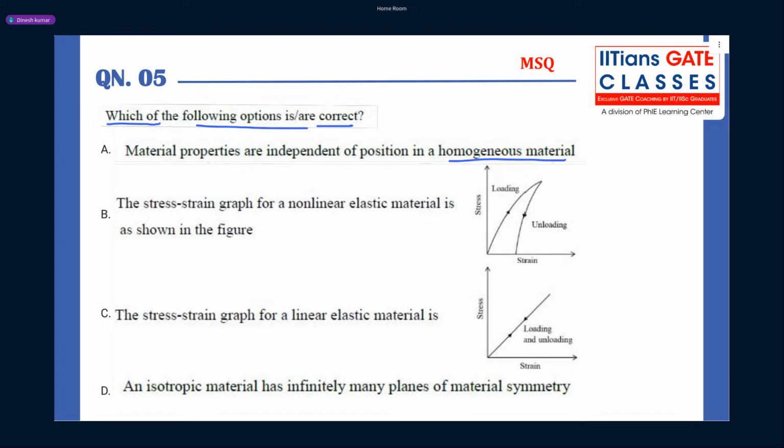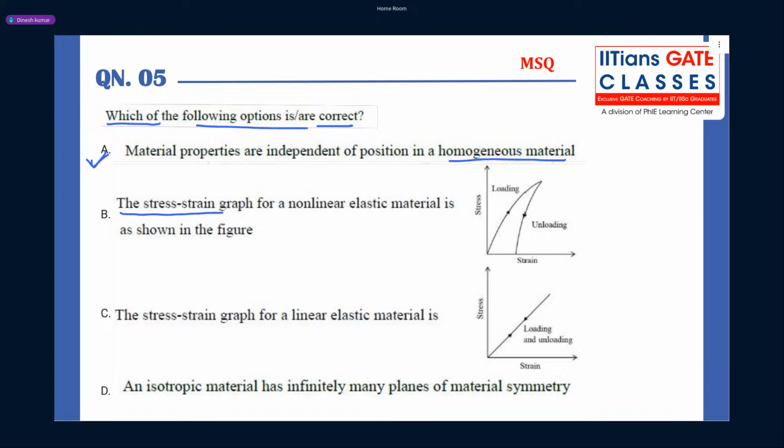A homogeneous material is a material where the material properties are the same across the material, or the properties are independent of the space coordinate, right? Independent of position. So A is the correct answer. Yes, Abhishek, you have done it correctly.